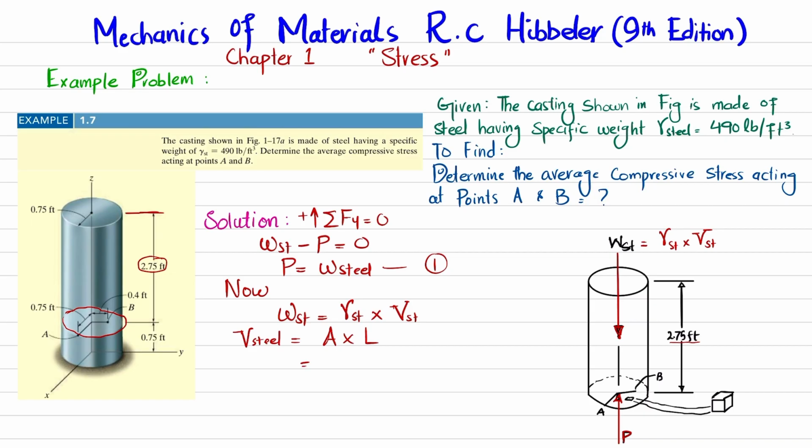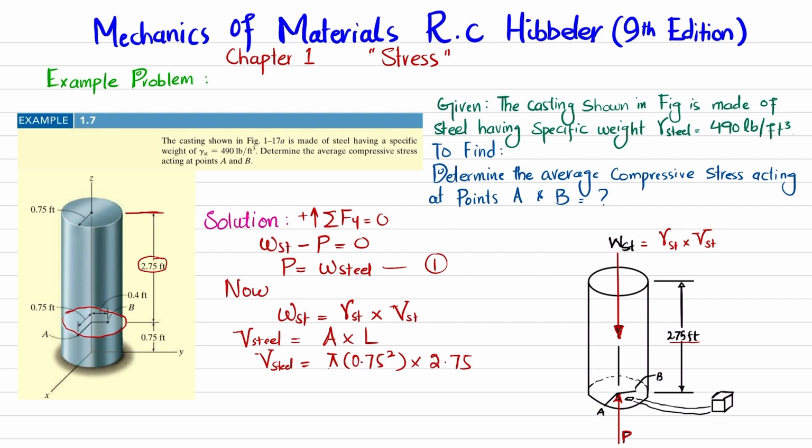Here you can see the radius is given as 0.75 feet. The cross-sectional area of a circle is pi r square, so pi multiplied by 0.75 square, and the length is 2.75 feet. That will give you the volume of steel.